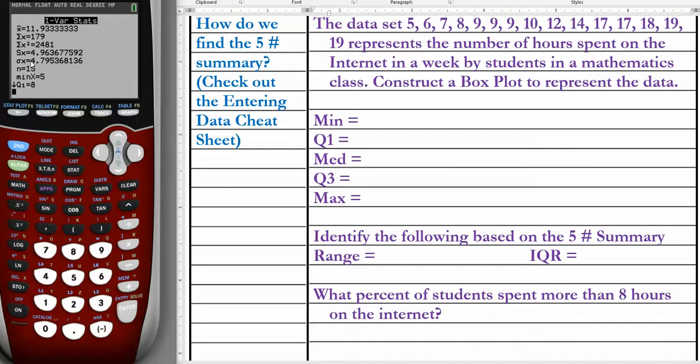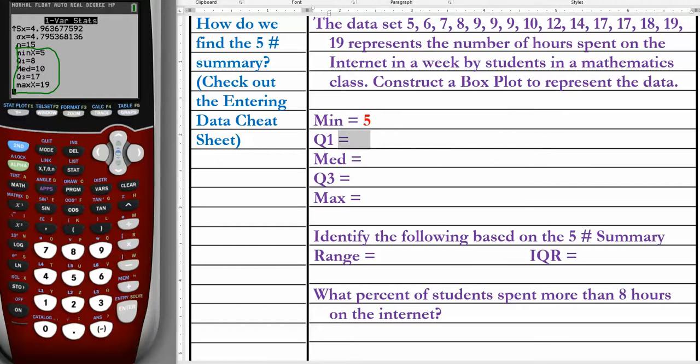And you're going to get this whole list full of things, and the 5 that matter are actually the last 5 on the list. So arrow down so that you can see all the way from the minimum to the maximum. Based on that, our minimum is 5.